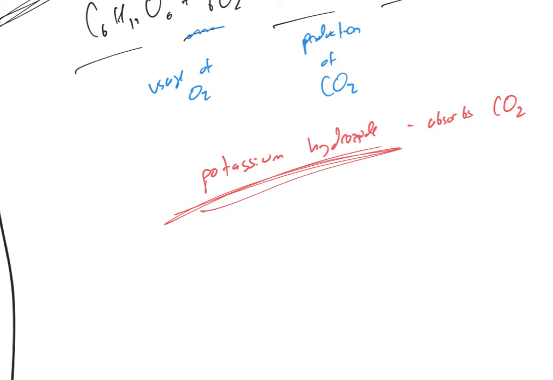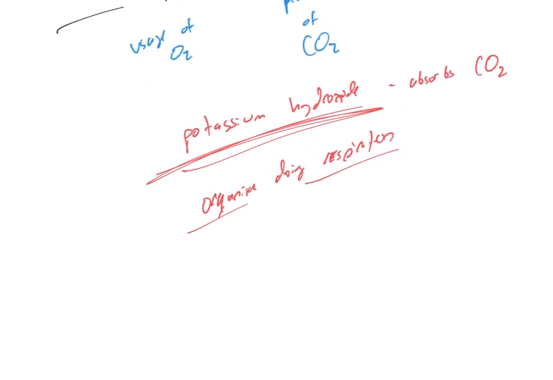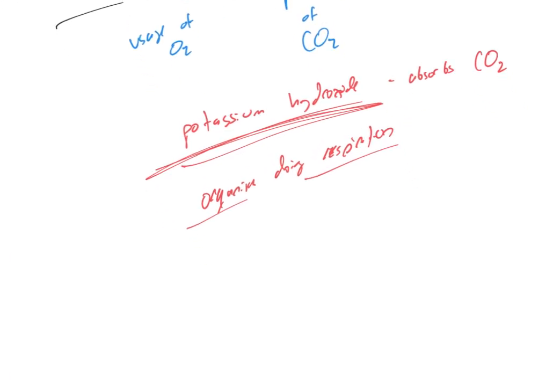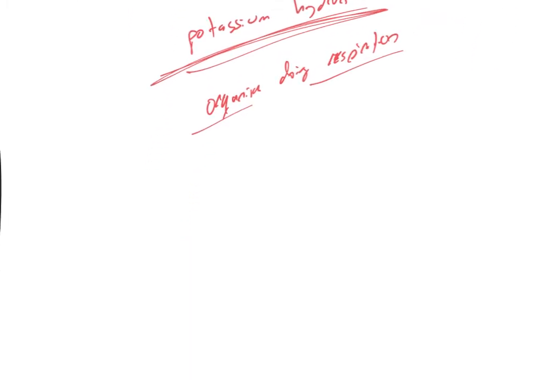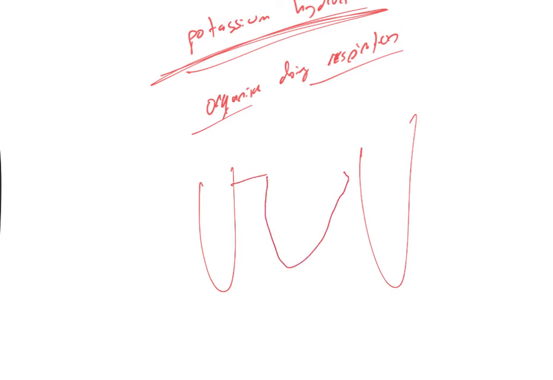And you need something doing respiration, so we need an organism doing respiration. Now, this can be an animal or a plant, right? So we've got to have some kind of chamber. Generally, you have two different chambers, and they're connected by a capillary tube between these two chambers.